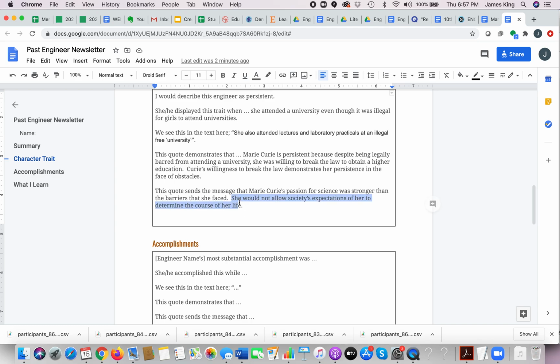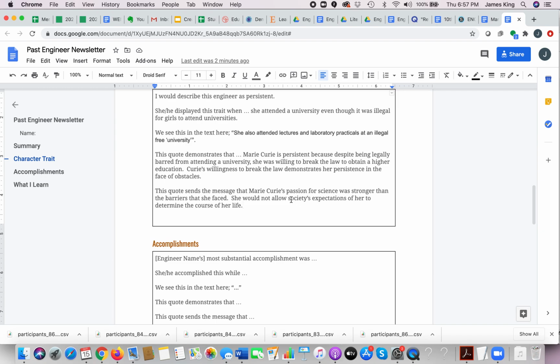When I say that, now, what is society's expectations of her? Well, remember, it was illegal for women to go to college back then. Now, if it's illegal for women to go to college, then society expects that women will not go to college.